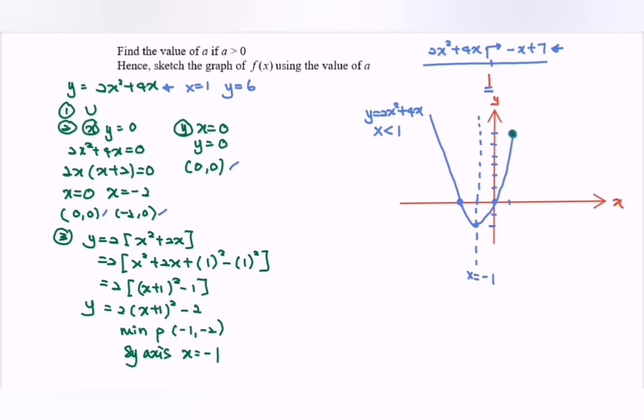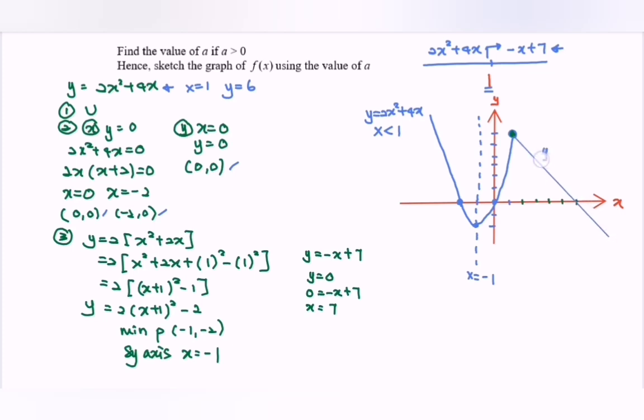If y equals 0, then negative x plus 7 equals 0, so x equals 7. So we have 1, 2, 3, 4, 5, 6, and 7. So the graph will be something like this.